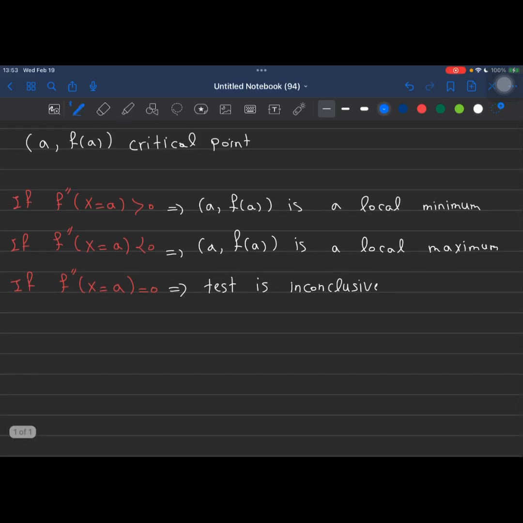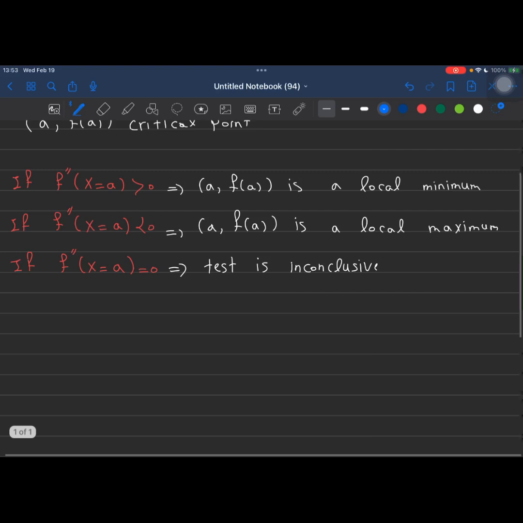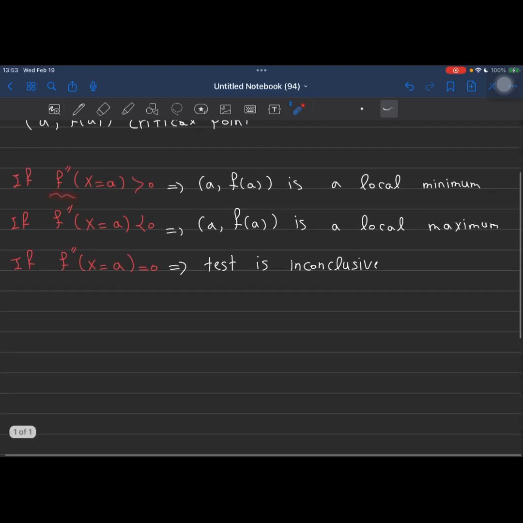One easy way to remember this test is to think of this diagram. For example, for f double prime at x equal to a greater than 0, we said we have a local minimum. To find f double prime, you're differentiating f twice, and the result at x equal to a is a positive number.